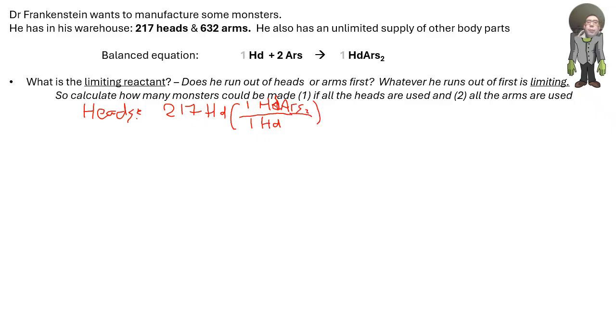One head gives us one monster, and then the heads and the heads cancel, and that gives us 217 potential HDARS2.